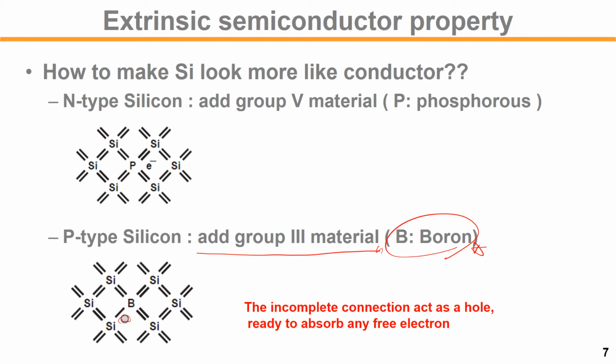So this hole can contribute to current flow. If you remember, the actual movement of a current is done by electrons. So how can this hole contribute to the current flow? Some students may ask. But if there is any free electron nearby, it will be trapped by that hole.